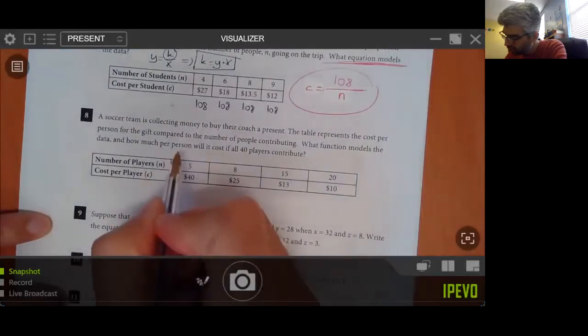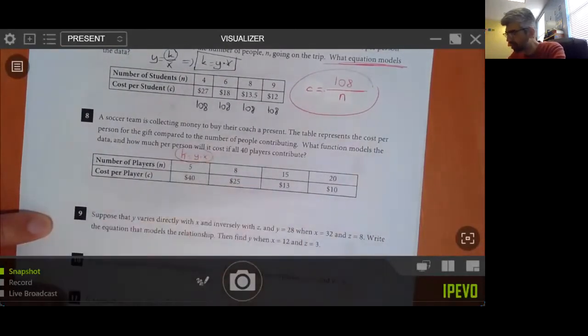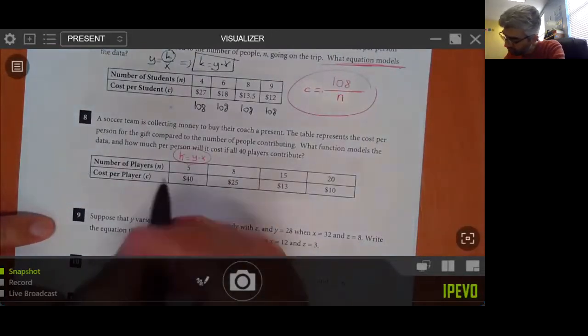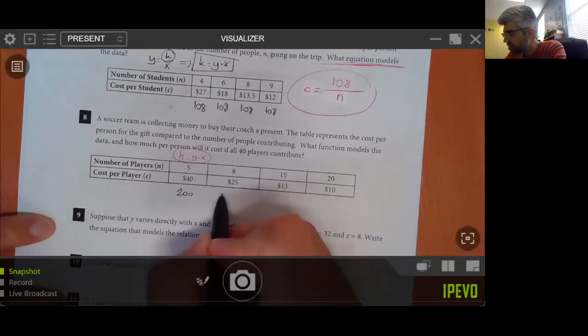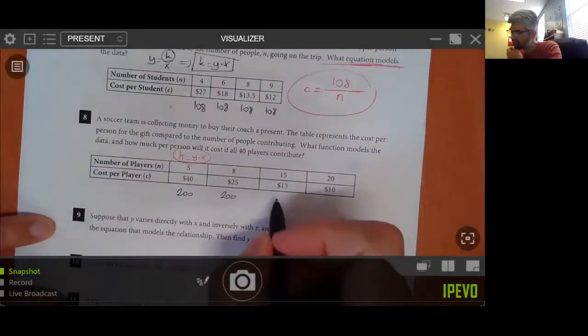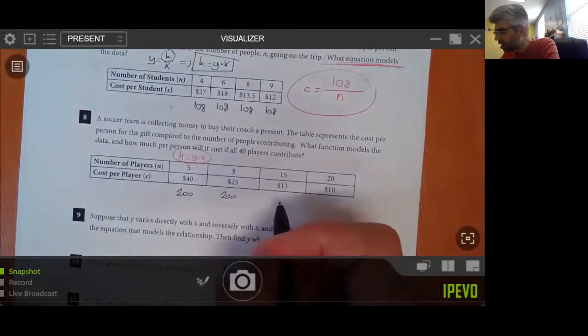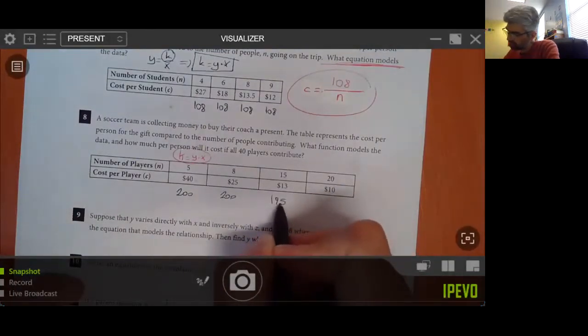We have to find the constant by product. So 5 times 40, 200. 8 times 25, 200. 15 times 13, so this is 195, right guys?